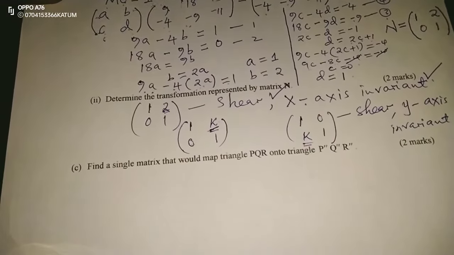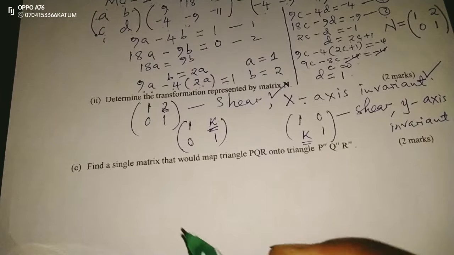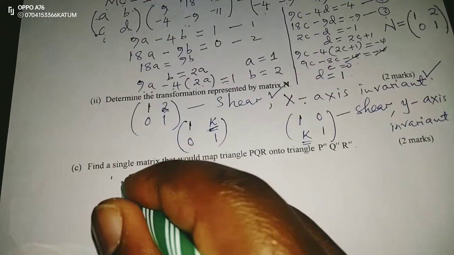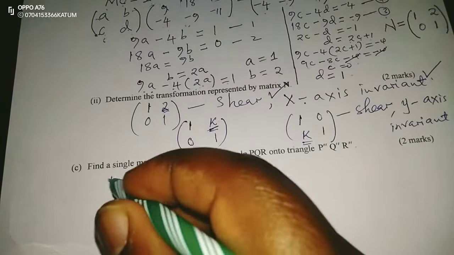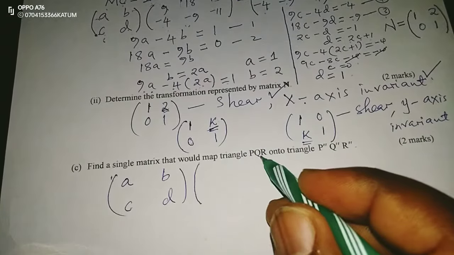Finally, we are told to find a single matrix that would map triangle PQR onto PQR double prime. Therefore, a single matrix, which is unknown, we can let it be A, B, C, D, that would map PQR.